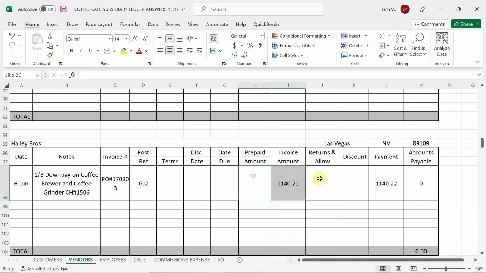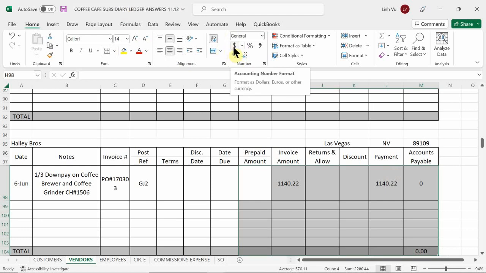You don't owe anything to Hallie Bros as of now because you haven't received the bill, and right now they don't owe you anything either. You don't care what's on their books; you care what's on your books, meaning that you made a payment for what you were required to pay. That's all you care about.